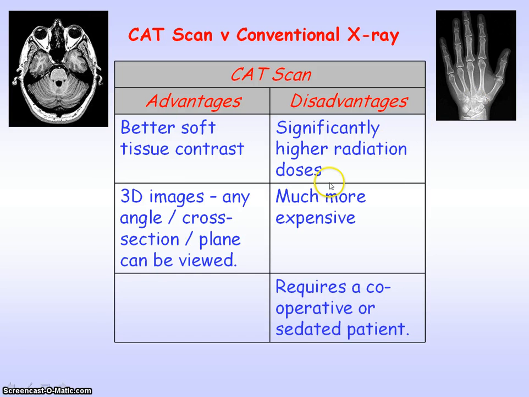However, the dose of X-rays is significantly higher for CAT scans because you need to take multiple X-ray images to get a single slice, and as a result the procedure is much more expensive, and it requires the patient to be cooperative, to be still while a full rotation is made to get that slice.